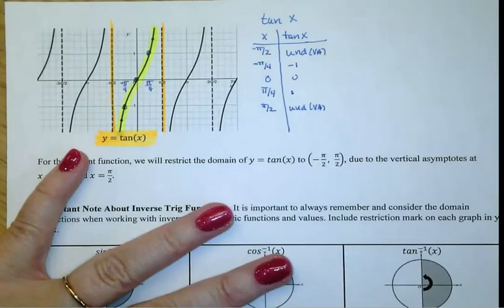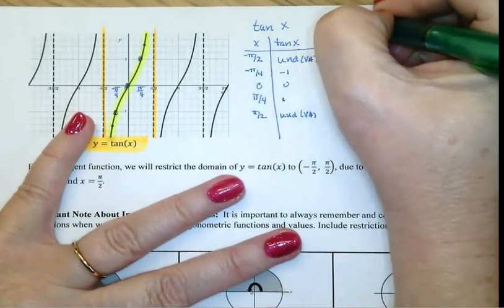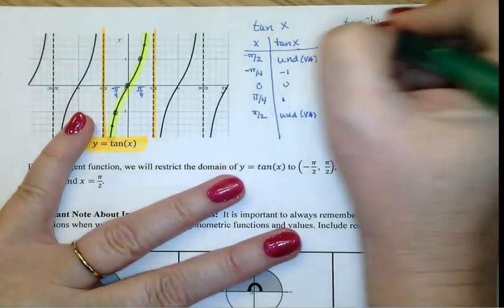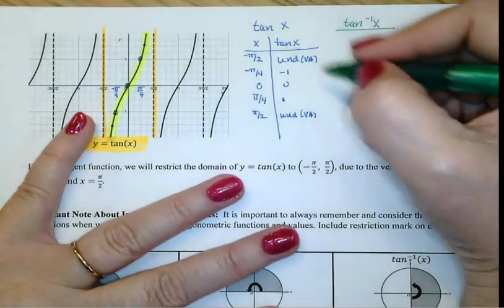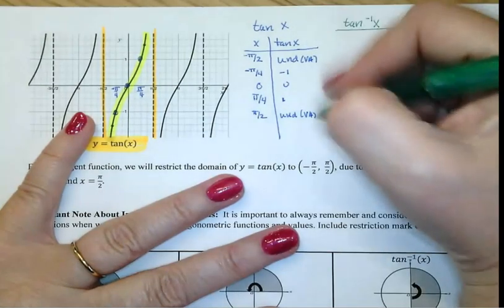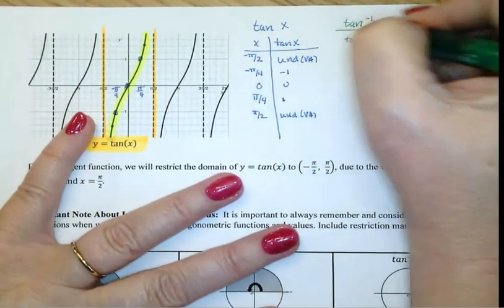Okay, so now if we want to do the inverse, that could be tan -1 of x. And so that means the angles are going to become our output, and the output values here will become our input values. So that's going to be tan x and then x.